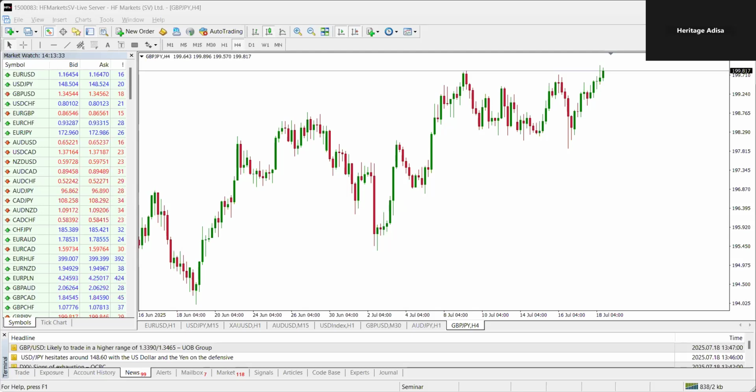Fantastic. But you look for a higher price to sell from. So combining buying when the trend is going up and selling when the trend is going down with buying at a lower price or selling at a higher price has to come together for us to find the best possible entries in the market when we trade.